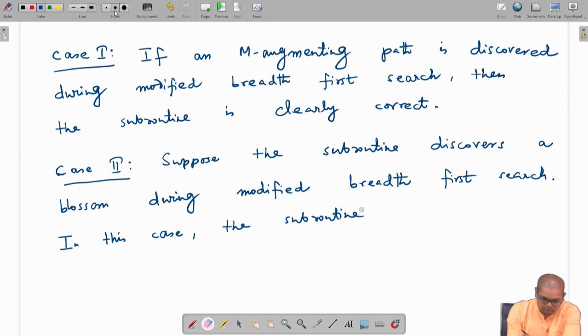So this is not exactly a blossom; in general it discovers a flower.